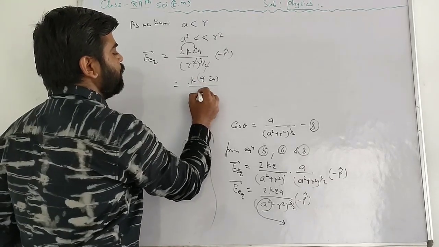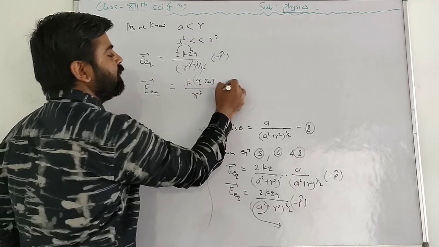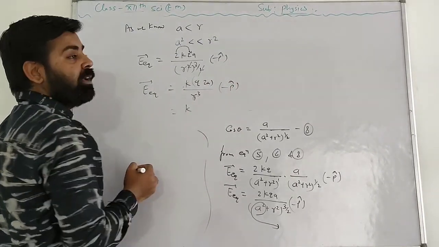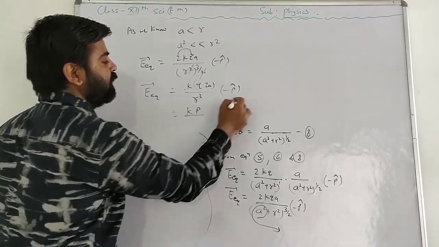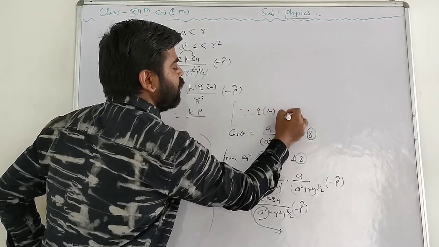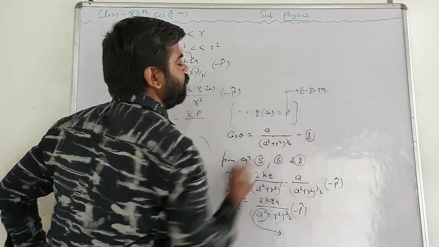I think you can guess the formula. What formula is it? This formula is electric dipole moment, q into 2a. Can we rewrite it as p? Because q into 2a is equal to p. P is electric dipole moment.